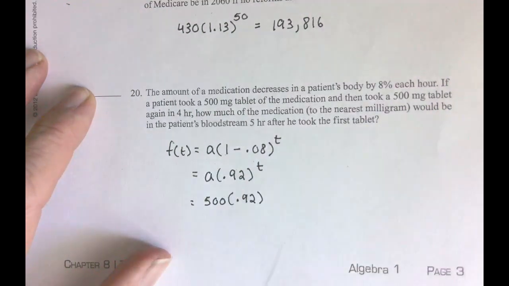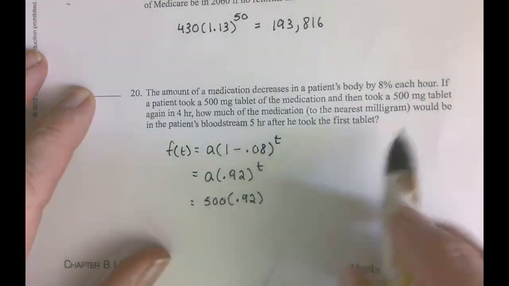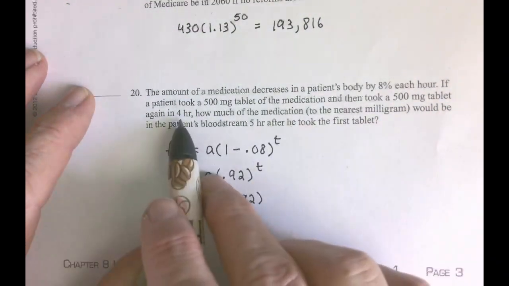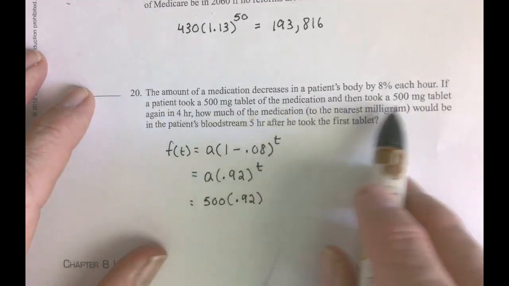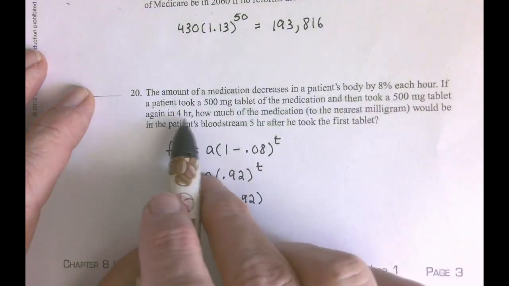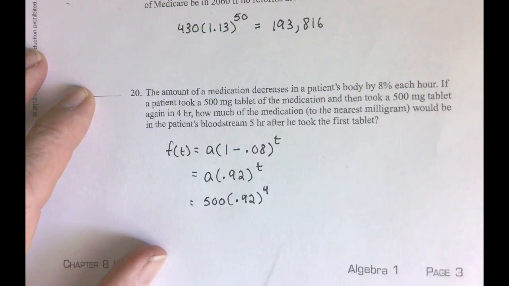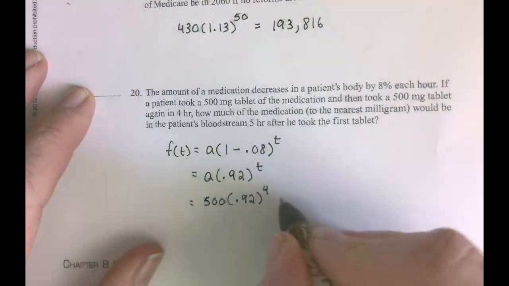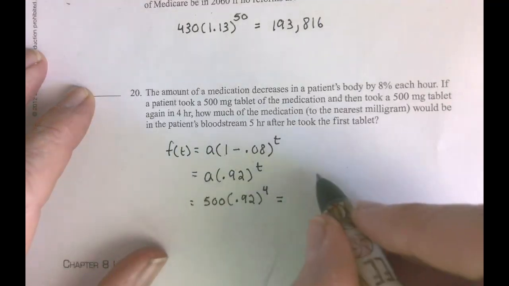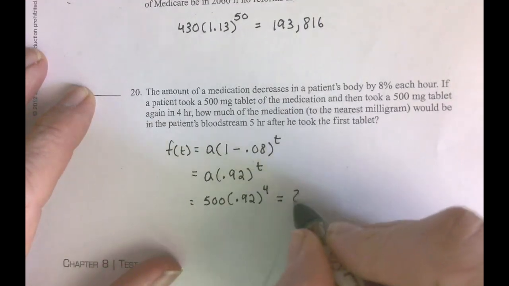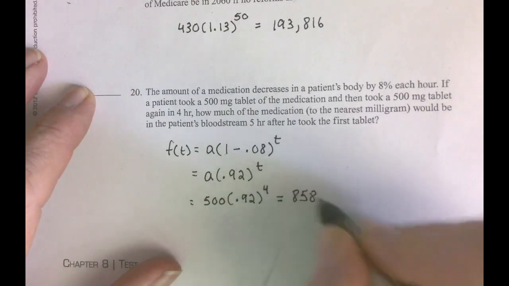And first we're going to figure out what happens after 4 hours, because we took the 500 milligram tablet again in 4 hours, so we're going to do that part first. 500 times 0.92 to the fourth power. And if you simplify that, what you end up with is 858.2 milligrams.